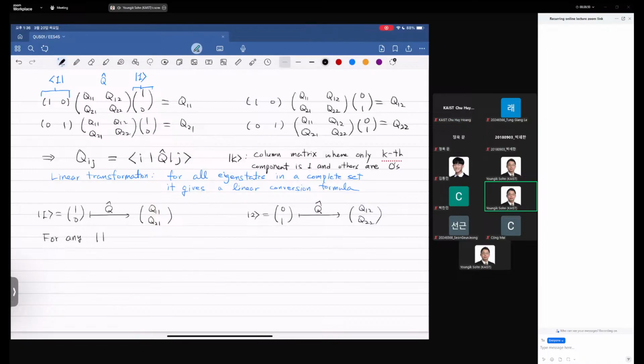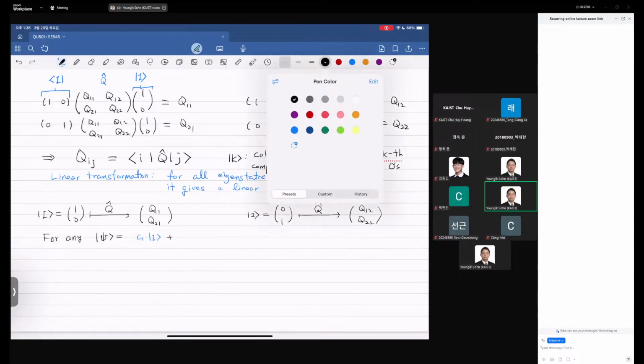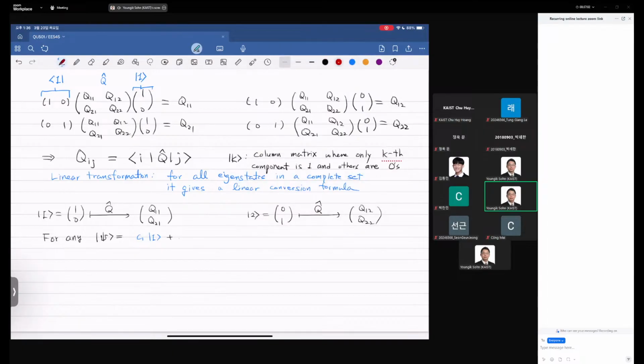For any psi, which can be written as C1|1> plus C2|2>, some random numbers come in. If you apply Q, we already know what happens.